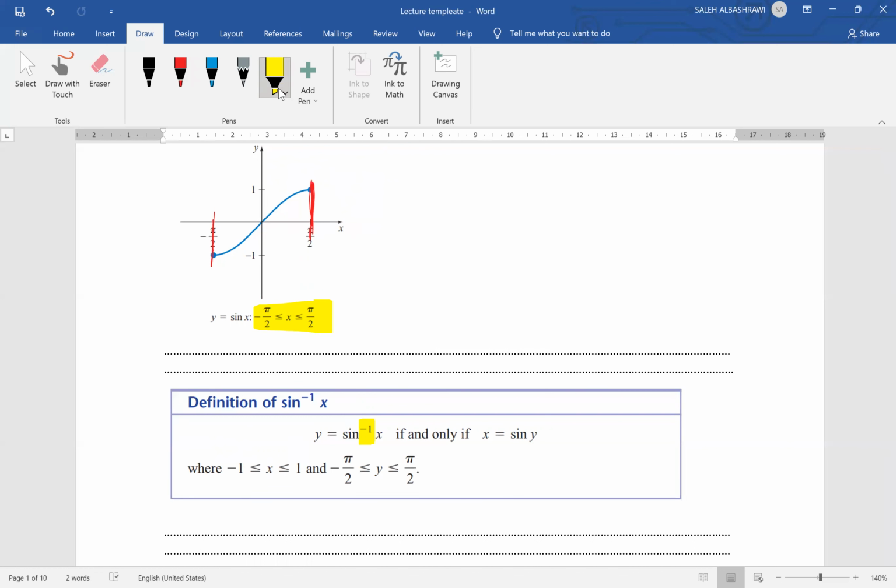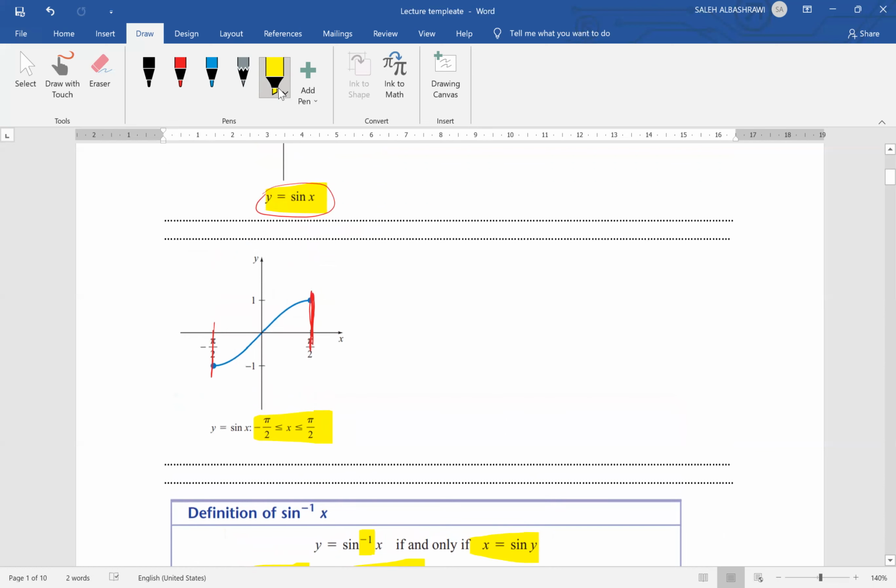This is notation to say this is the inverse function, sine inverse. So y equal to sine inverse x if and only if x equal to sine y, where x will be between minus 1 and 1 and y is between minus pi over 2 and pi over 2.